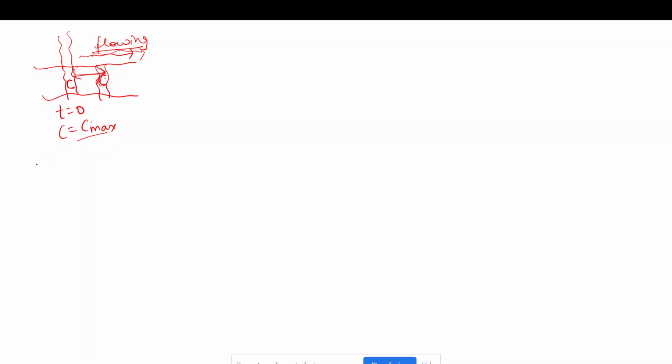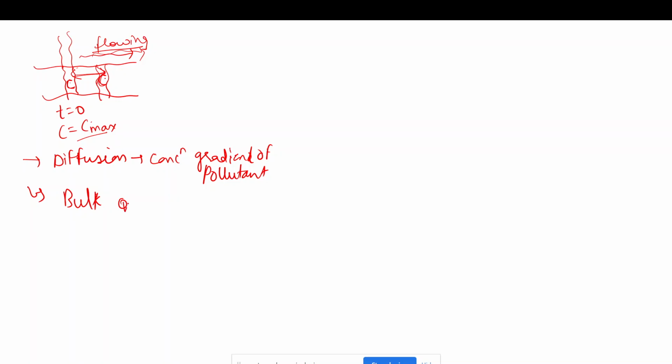So there will be two types of motion of the pollutant: diffusion, occurring because of the concentration gradient of the pollutant, and bulk motion of water.